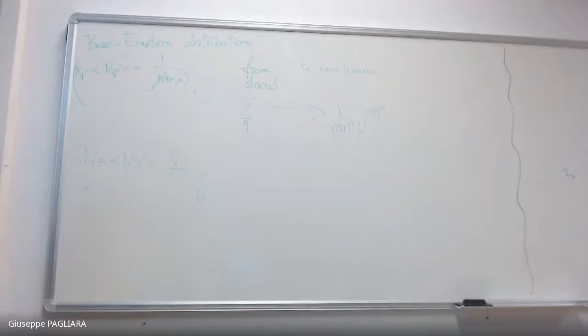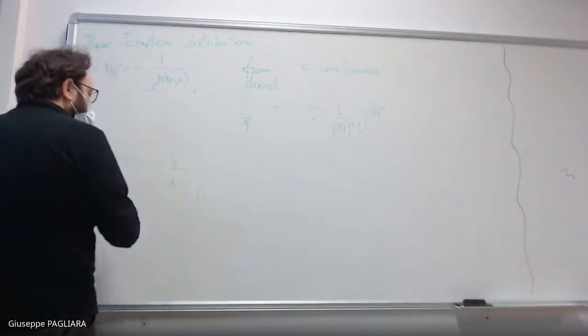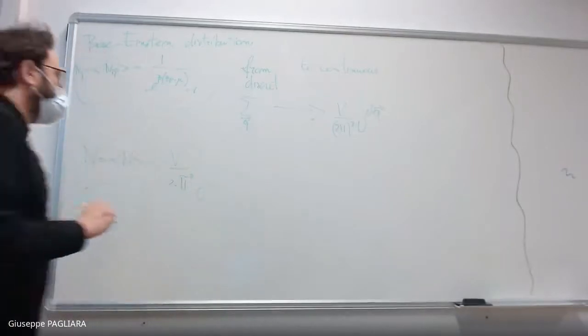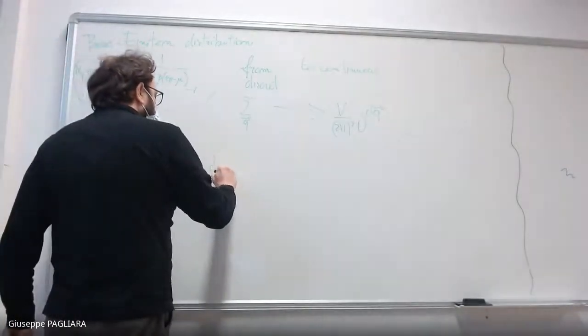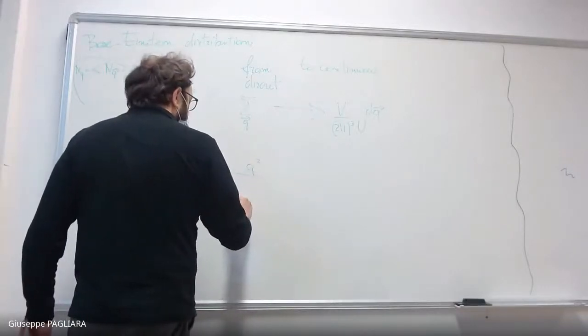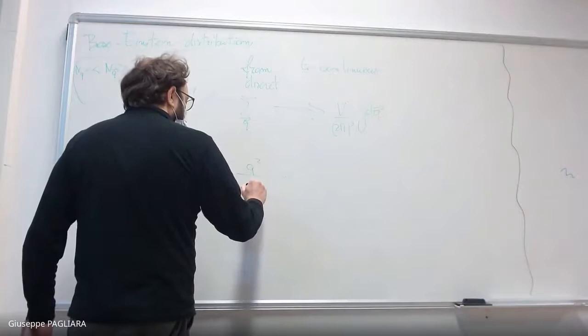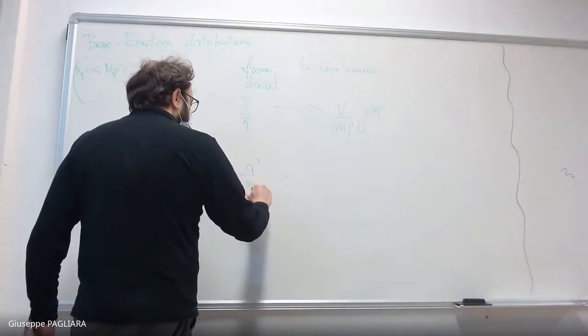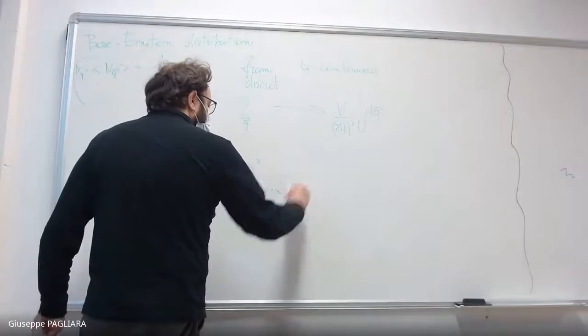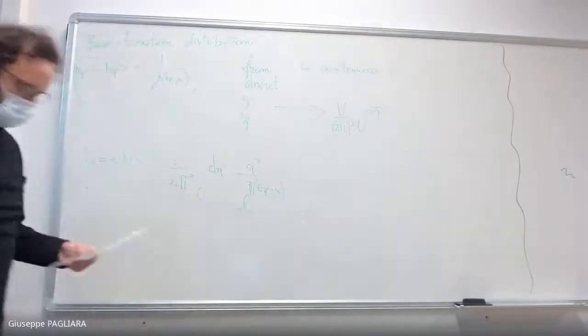In the denominator, I have 8 pi cubed. Therefore, I will have 2 pi squared left. Then I have dq and q squared divided by e to beta epsilon q minus mu minus 1.